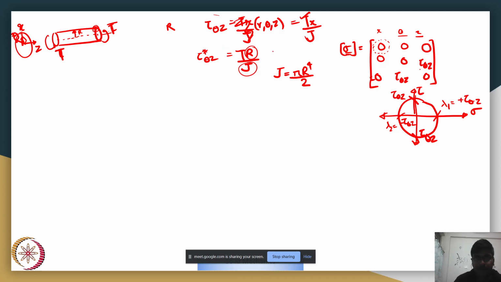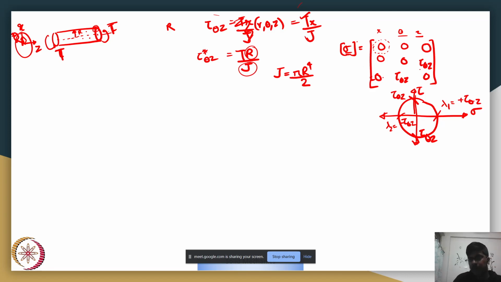I'm a bit confused at the moment, but what I'm trying to say is that for any point you take on this shaft, your stress matrix would always look like this. Then your Mohr circle would always look like this, and you can figure out your maximum stress would always be at the circumferential points.